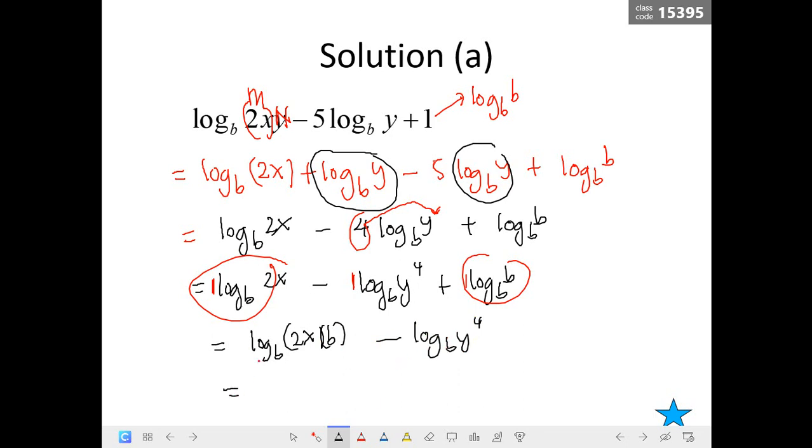The next step: the coefficients are 1 and 1 with a minus, which means use the second law, divide. One term, log in a big bracket, 2xb over y to the power 4. So this is the answer.